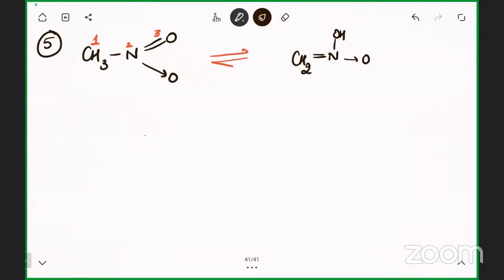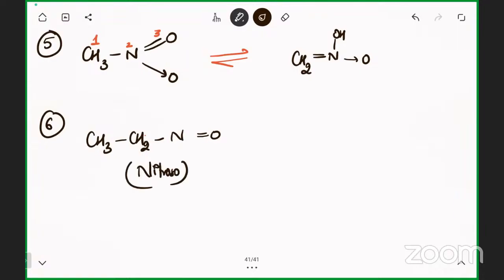Okay. One more example I'm taking. CH3 CH2 NO. This is called nitroso. So 1 2 3. 1 to 3 transfer. The compound formed will be CH3 CH double bond and single bond OH. Very good.